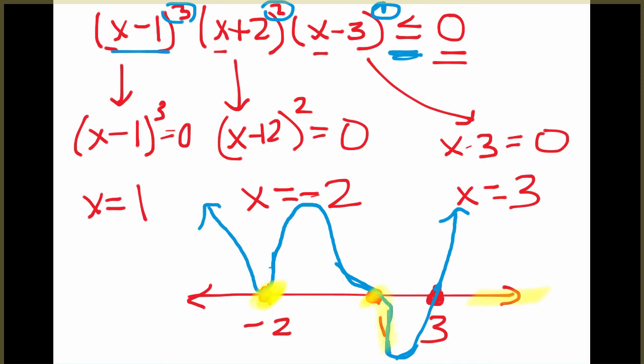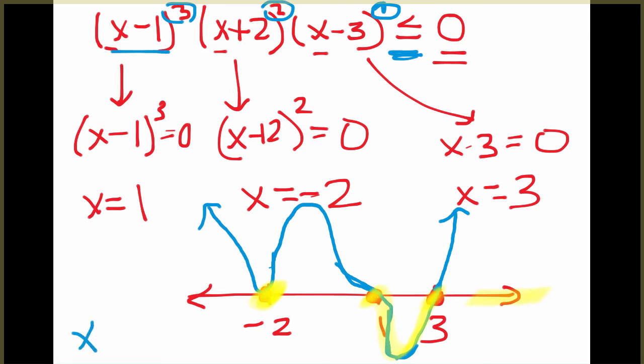So notice here at 1, it drops below until we get to 3, and then nothing else on the graph is below. So we just have a few things that are highlighted, and that will help give us our solution.